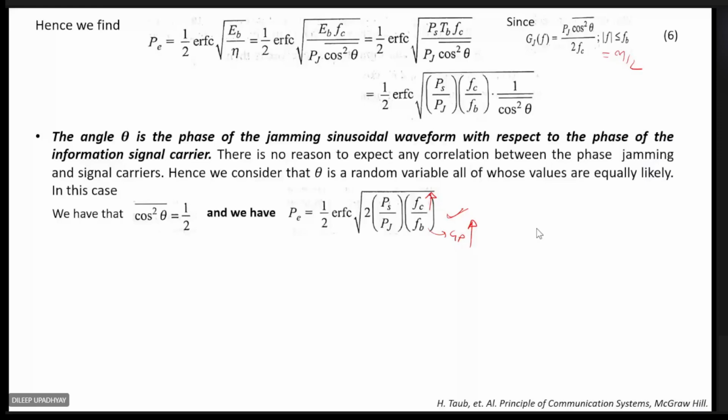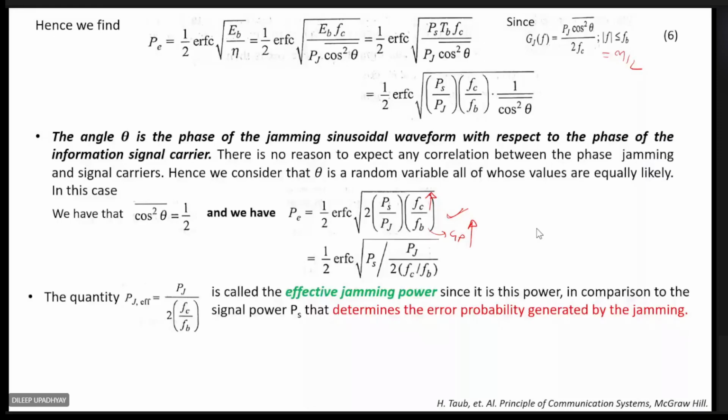This was the conclusion we drew, and this factor Pj effective, which is Pj divided by 2 Fc by Fd, is called the effective jamming power. If our chip rate is high, then the processing gain will be high and the effective jamming power will be low. If the effective jamming power is low, then this factor will be high, and since the complementary error function is a decreasing function, the probability of error will be low.